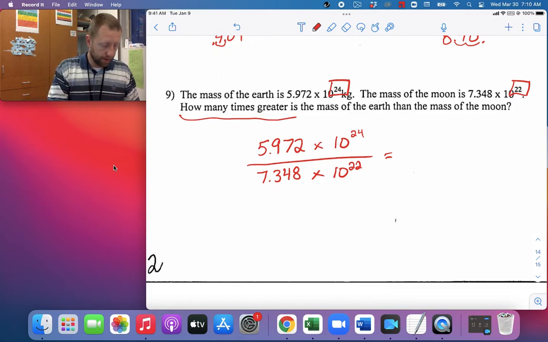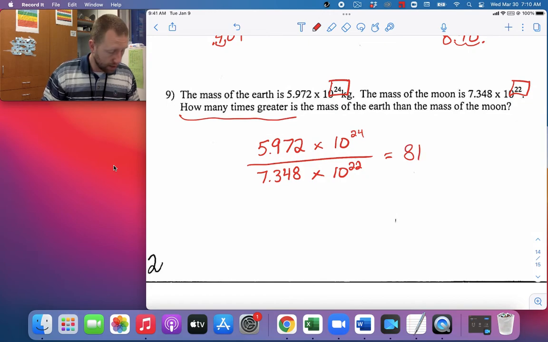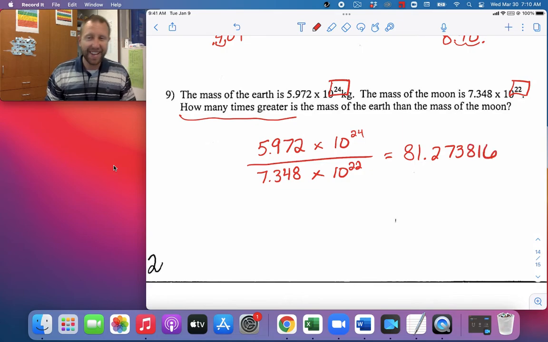So I'm doing open parenthesis, 5.972 times 10, caret button, 24, close parentheses, divided by, open parentheses, 7.348, I've said it right this time, times 10, caret button, 22, close parentheses, and I get 81.27386 times greater.